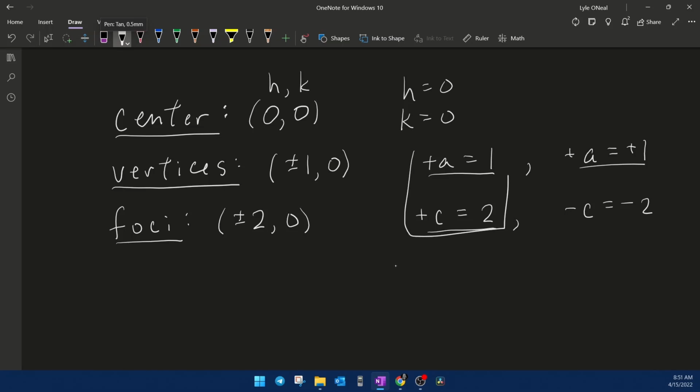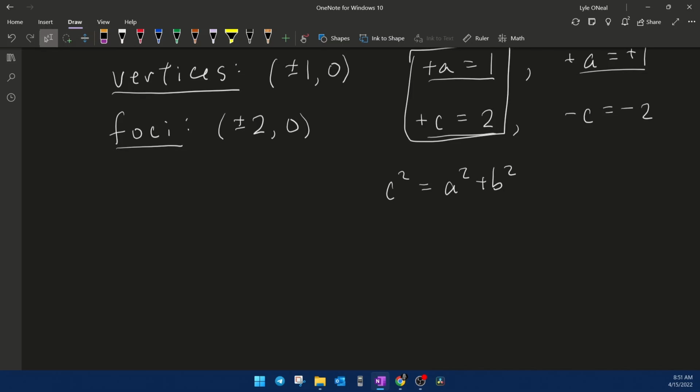If I know a and c, I can find b, using the Pythagorean relationship that c squared equals a squared plus b squared, and doing a little plug and play. 2 squared equals 1 squared plus b squared.